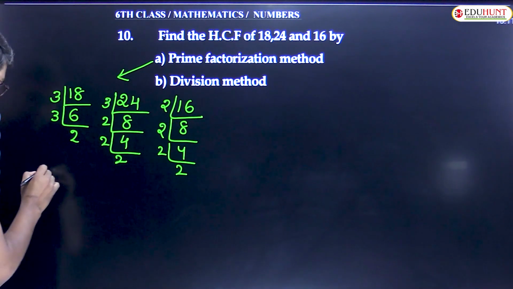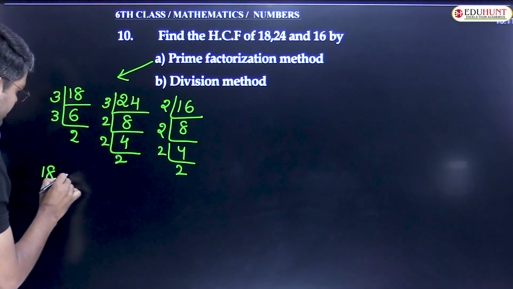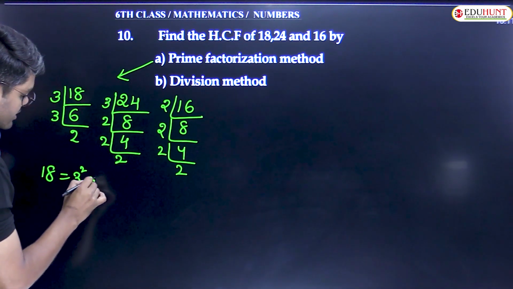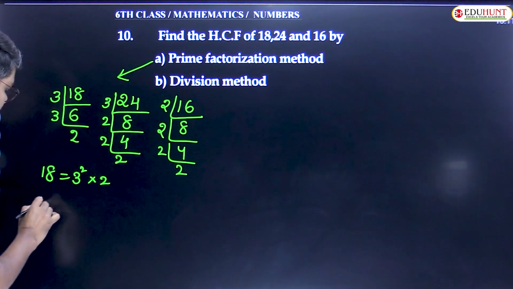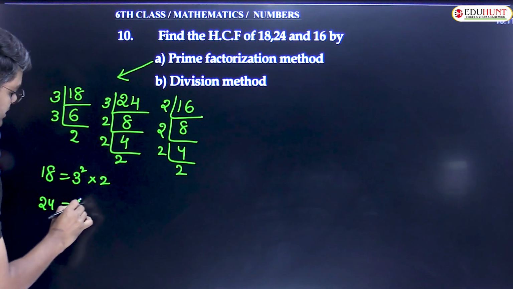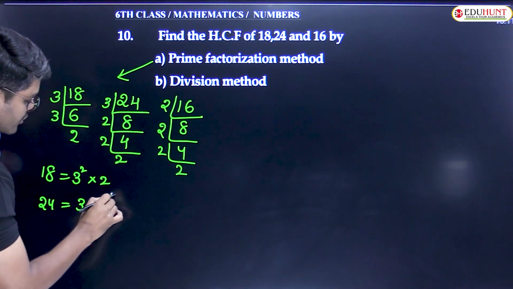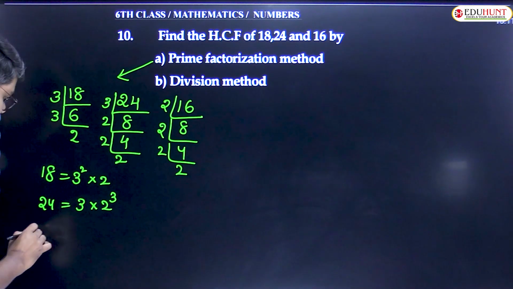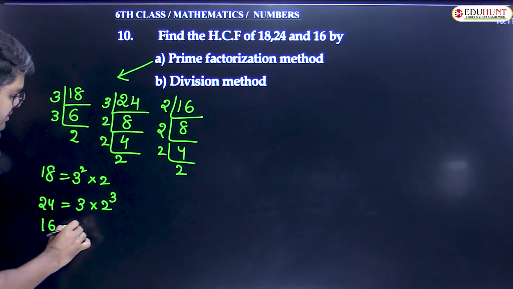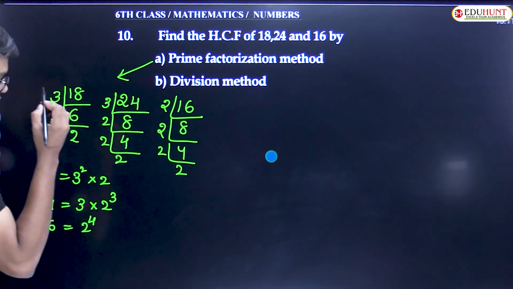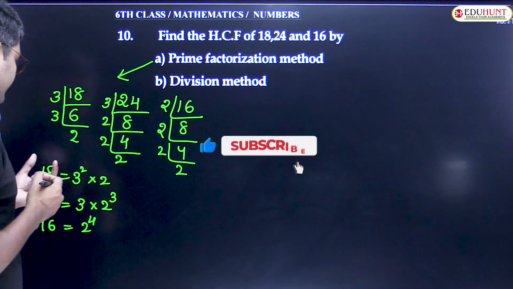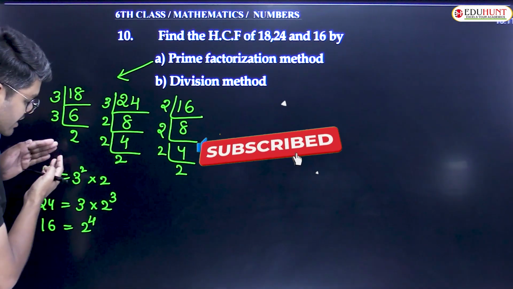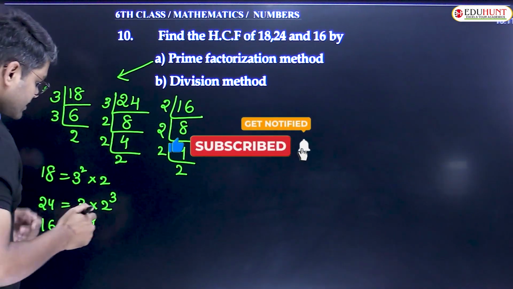Now 18 can be written as 3 square into 2. 24 can be written as 3 into 2 cube. 16 can be written as 2 power 4. Now, what is the common factor here? Right.